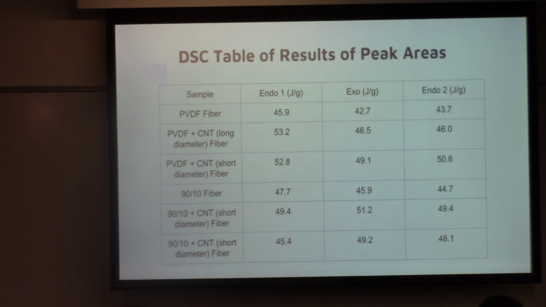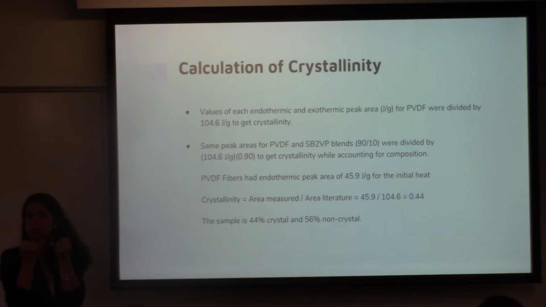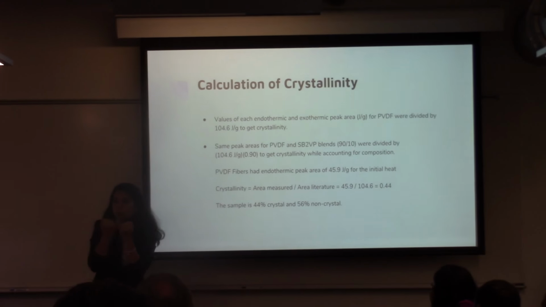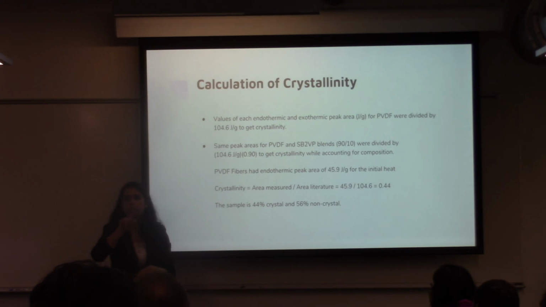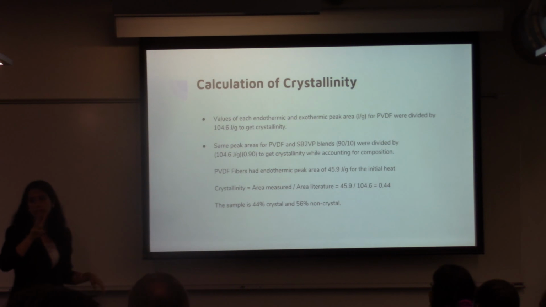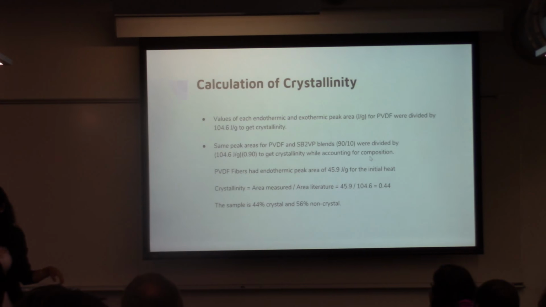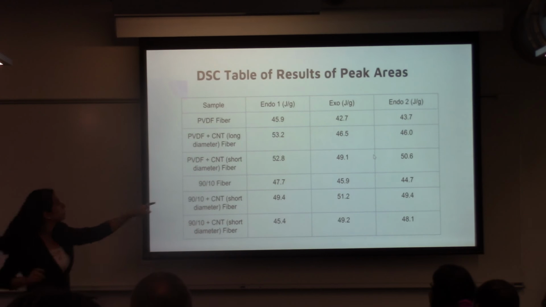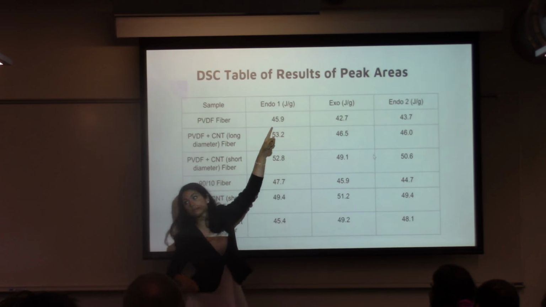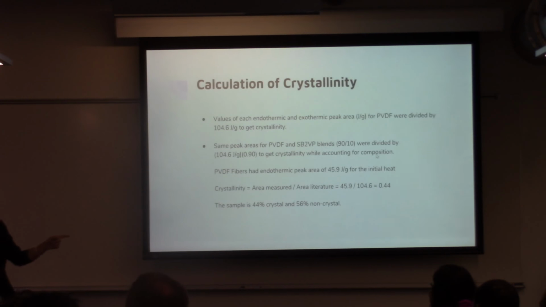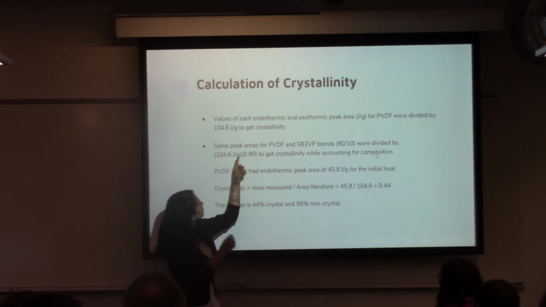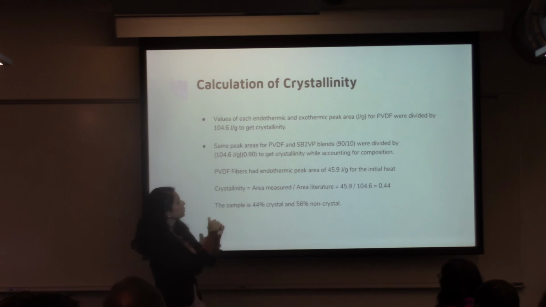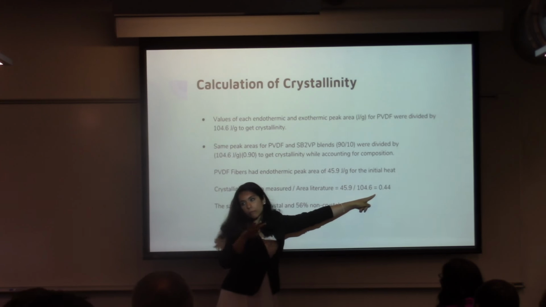So we're looking at the area of the peak and we calculate crystallinity. We do our calculation. We divide by 104.6 joules per gram to get our crystallinity. PVDF right here. And you can see the calculations here.